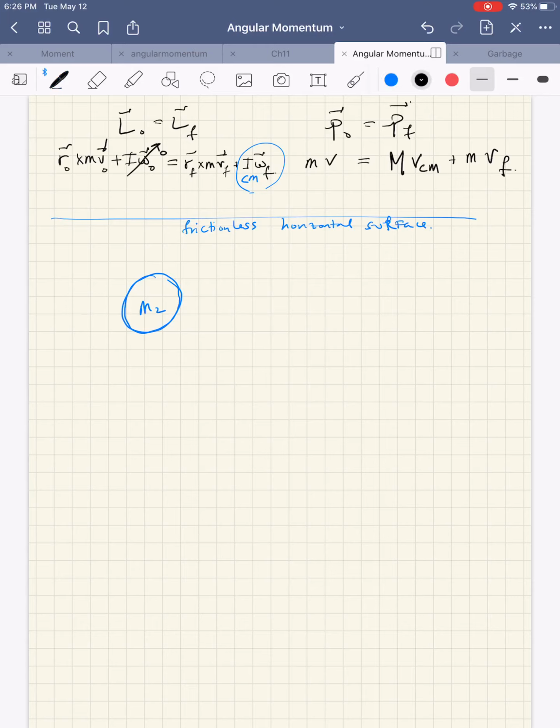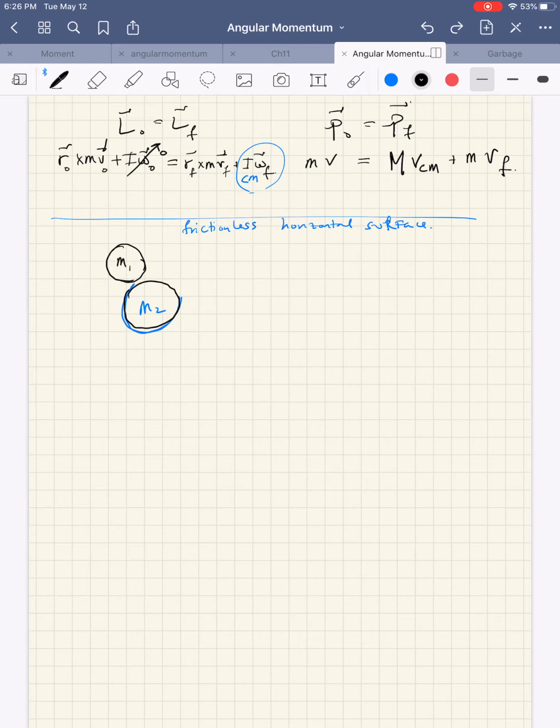And you have M1, another puck, I guess is what they call it, coming in at it. And I didn't draw it that well here, but they're supposed to kind of line up exactly. Like the top of M2 is just right at the bottom of M1. You can't really see it, but it's supposed to line up exactly.